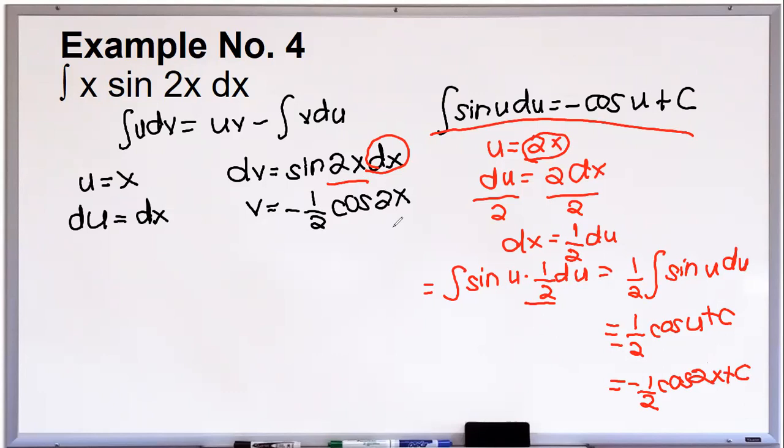Okay, so apply na natin ang formula ng integration by parts. So ito yun, di ba? Integral of u dv, which is equal to uv minus integral of v du. So apply natin.